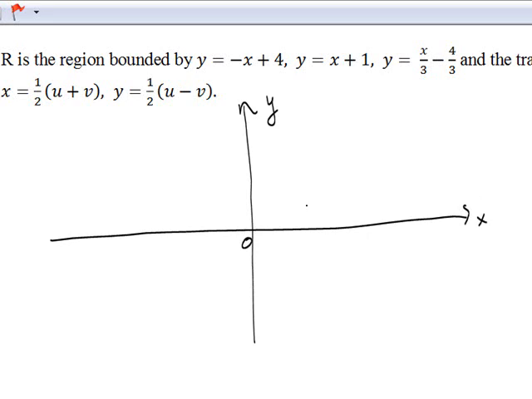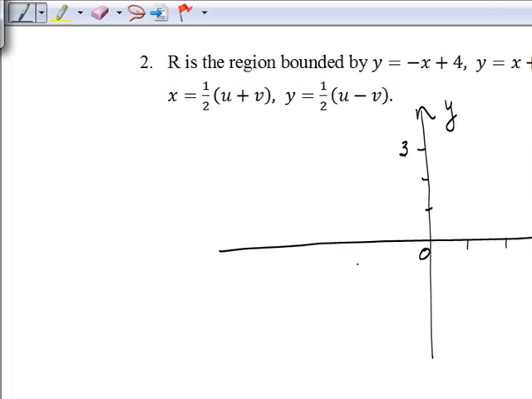Let me just put in 1, 2, 3, 4. 1, 2, 3. Minus 1, minus 2, minus 3, minus 4. Minus 1, minus 2, minus 3.